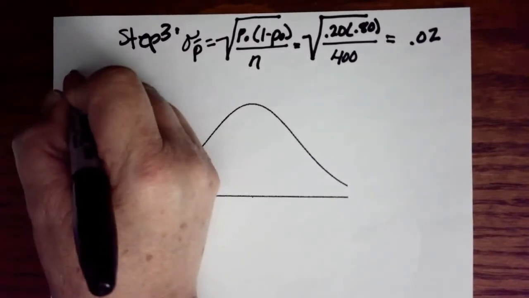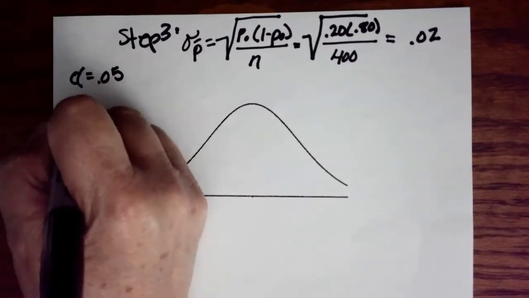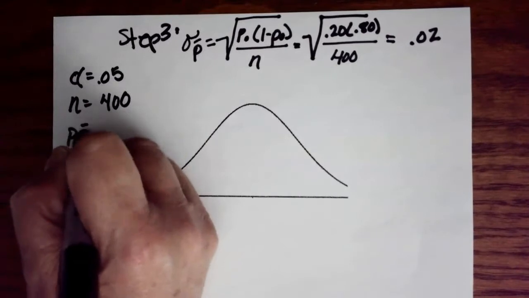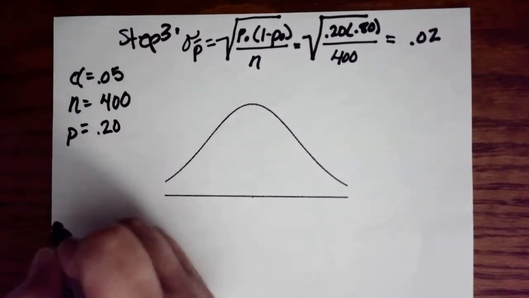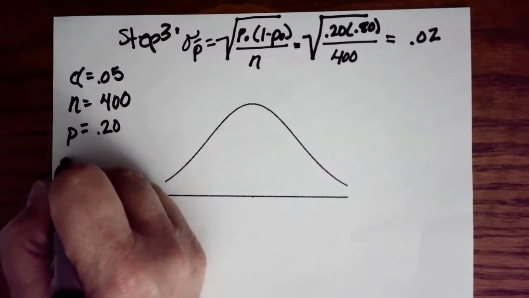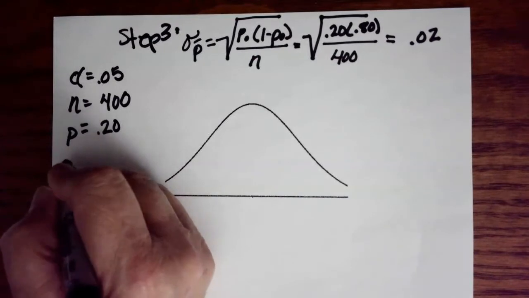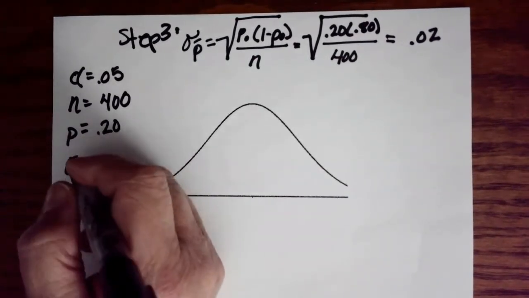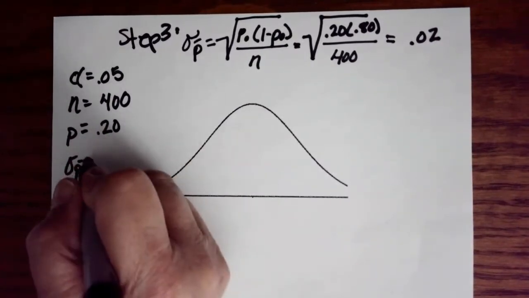We've got our alpha level set at 0.05. The number in our sample size is 400. Our proportion, the value that we're testing against, is 0.20. The next thing that we're going to do is calculate our z-score.